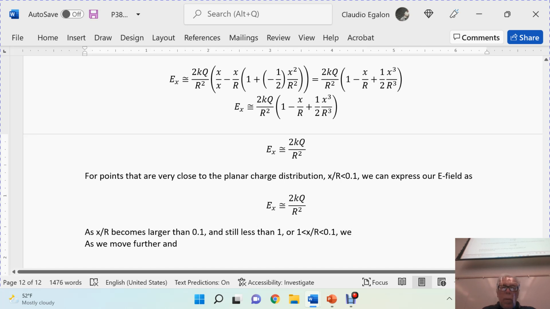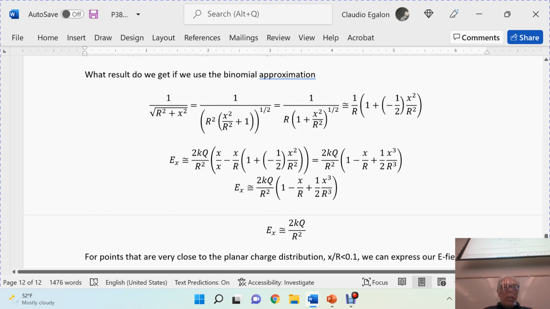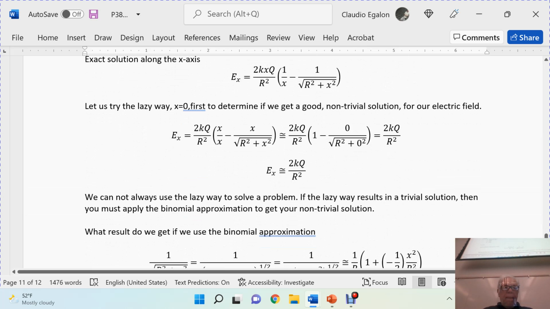Wait a minute. No, it's all the way around. 0.1 here, less than 1.